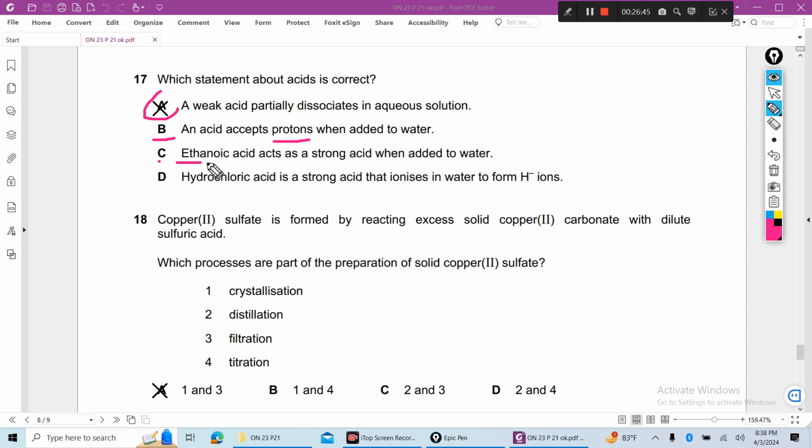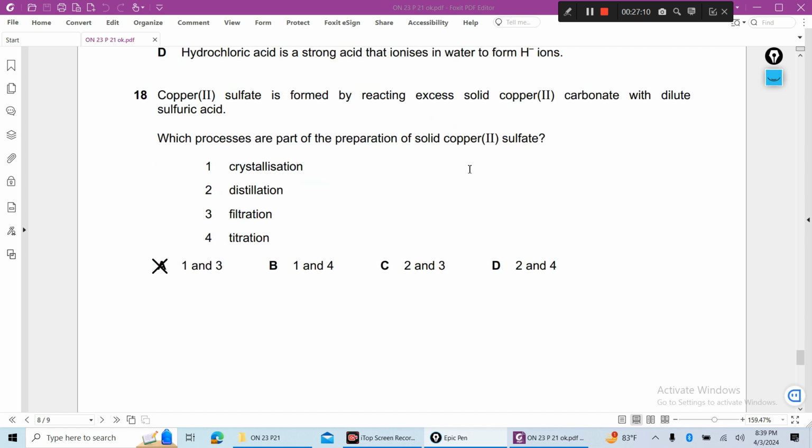C. Ethanoic acid acts as a strong acid? No. Ethanoic acid is a weak acid. Organic acids are weak acids. D. Hydrochloric acid is a strong acid. This is true, but it ionizes in water to form H plus ions, not H minus ions. That's why this is wrong.